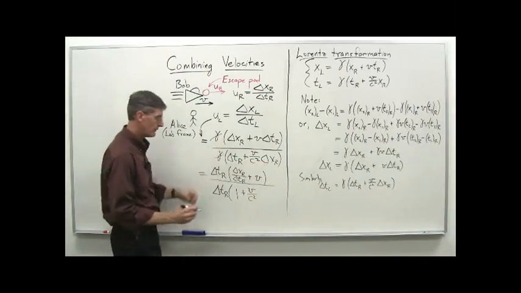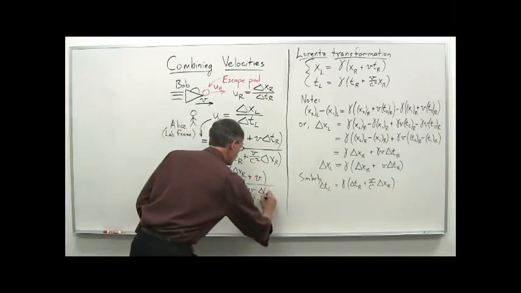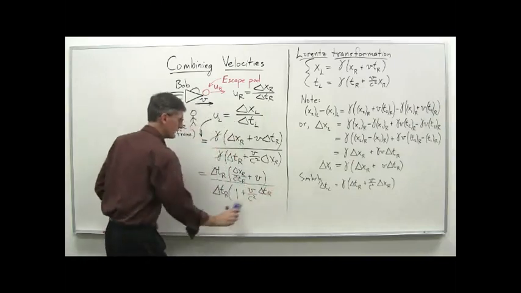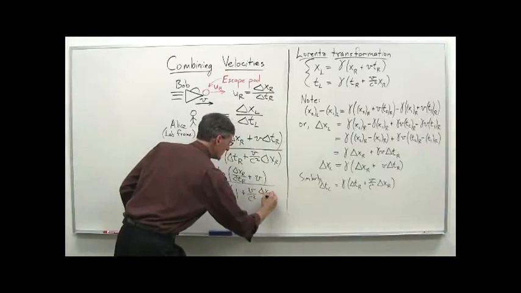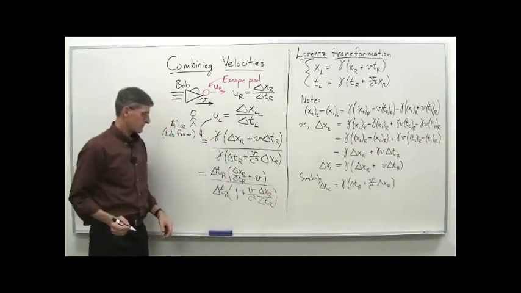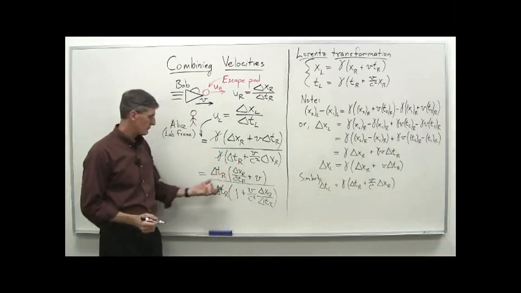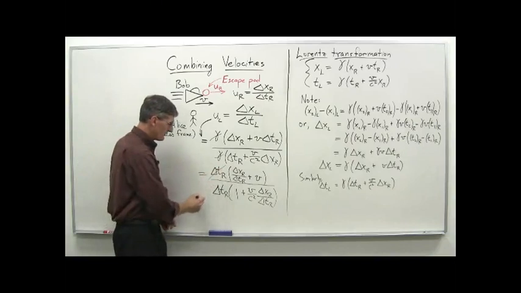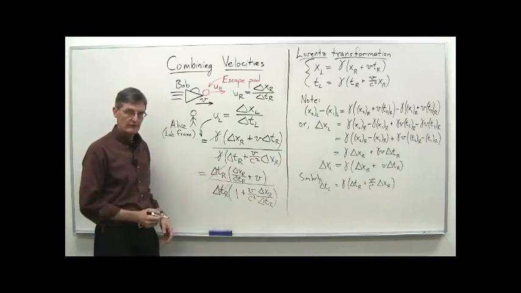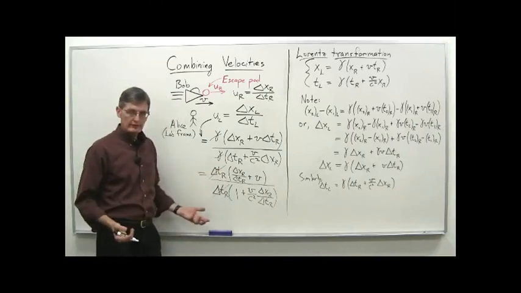So just like we did up here, this becomes, oops, sorry, my mistake, delta x sub r over delta t sub r. So just use a little algebraic trick there to pull out delta t sub r. And one thing we know right away is these delta t sub r's are going to cancel, so we get rid of those. But why did we do this?